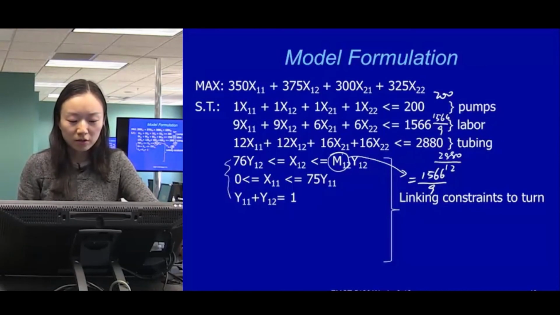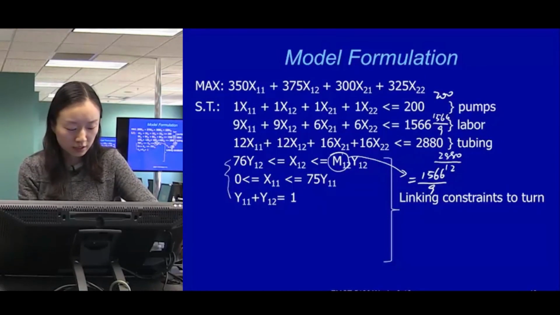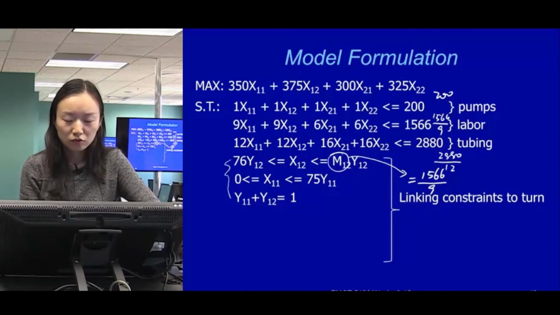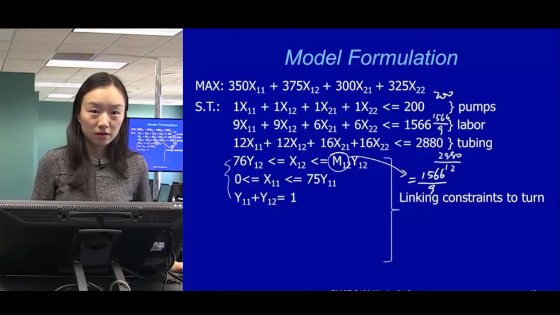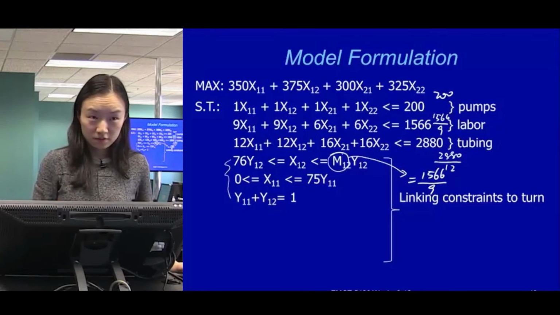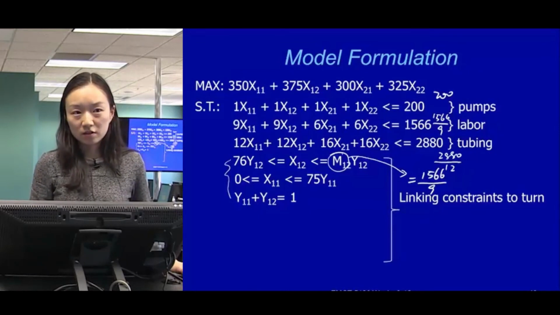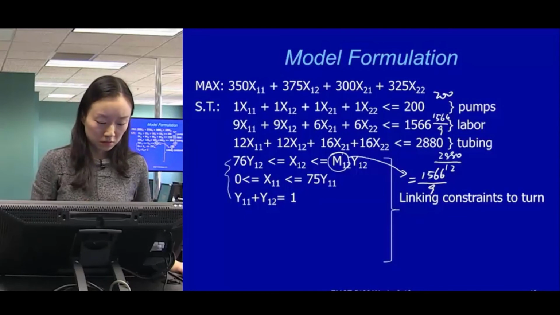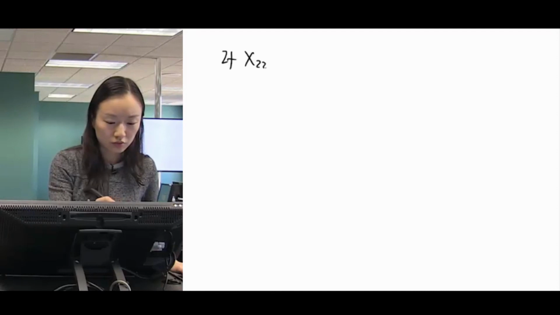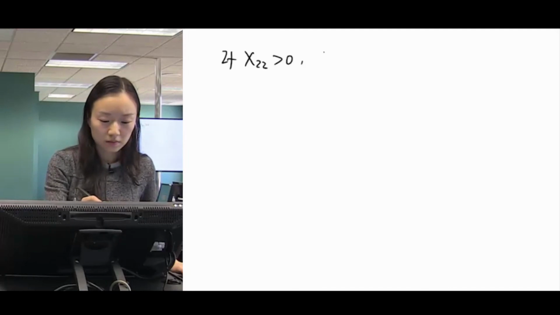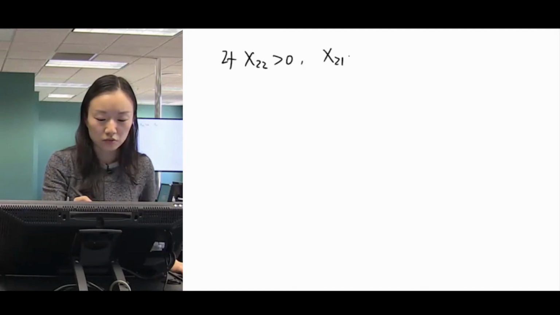Okay, then what about the other one? For hydrolysis, what would be the constraint? Once you figure out this set, can you write the other constraint? For hydrolysis, if you go beyond 50 units, if x22 is greater than 0, x21 needs to be 0.